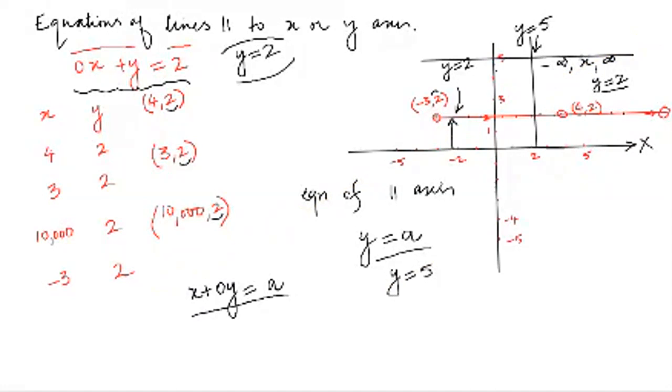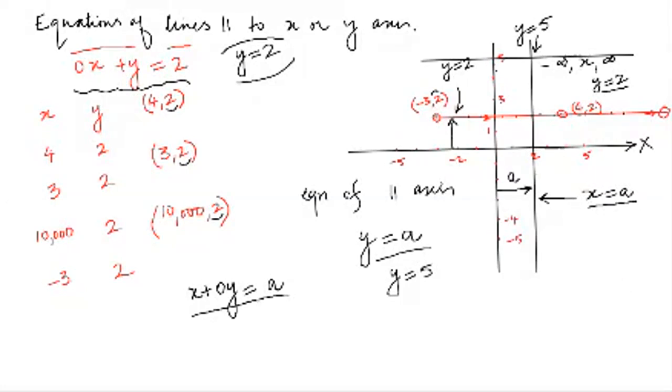This is the line parallel to the y-axis, and I will name this line x is equal to a. Again, students, this is the a, and this a remains constant.